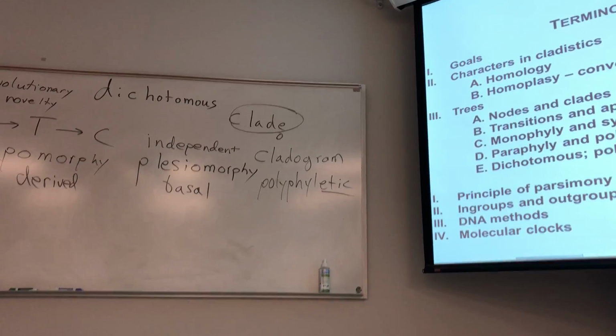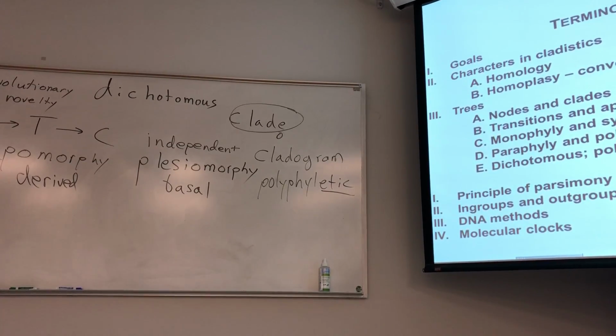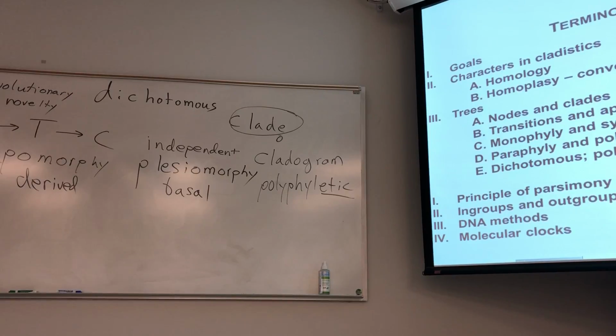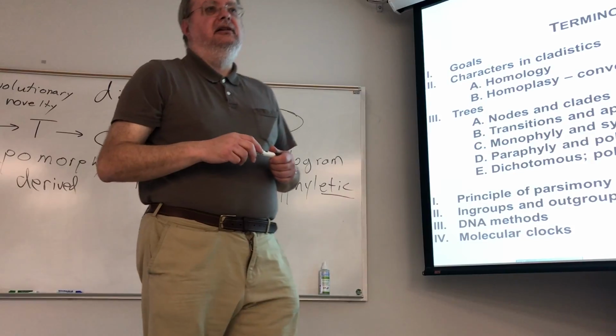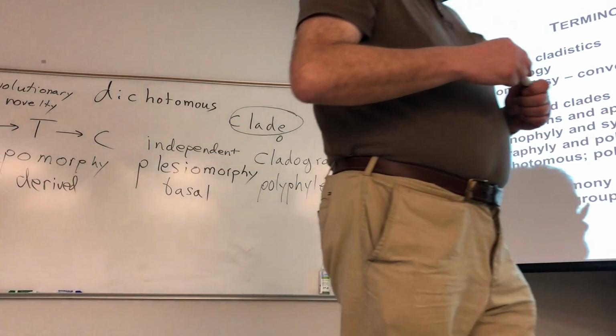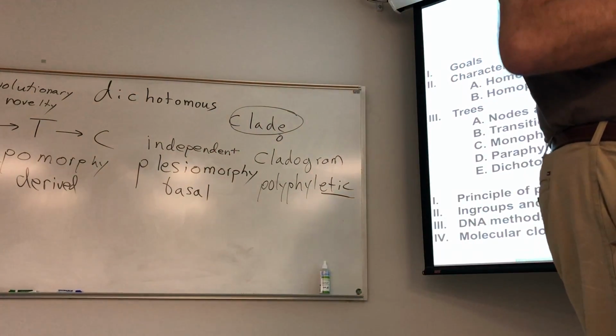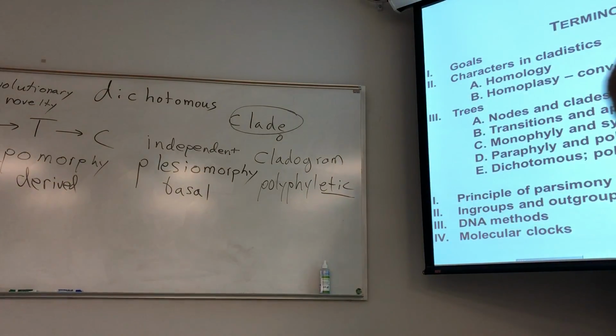Ultimately, when we classify, we put things into groups. A generic term for a group is a taxon or taxa. Mammals is a taxon. So is the cat family, Felidae, that's a taxon. Animals is a taxon. These are classification groups.